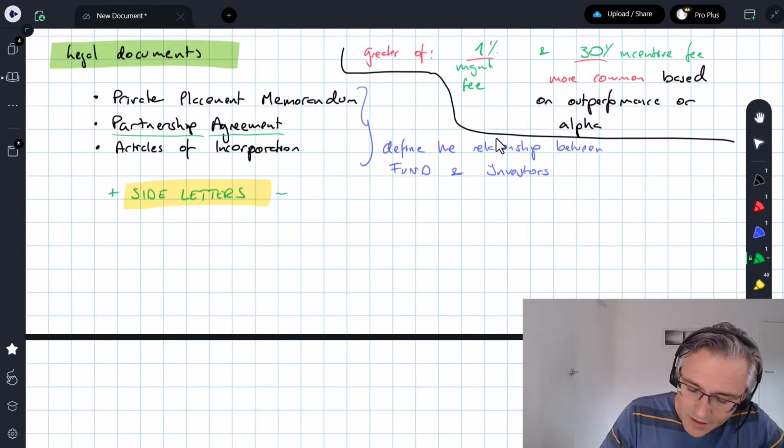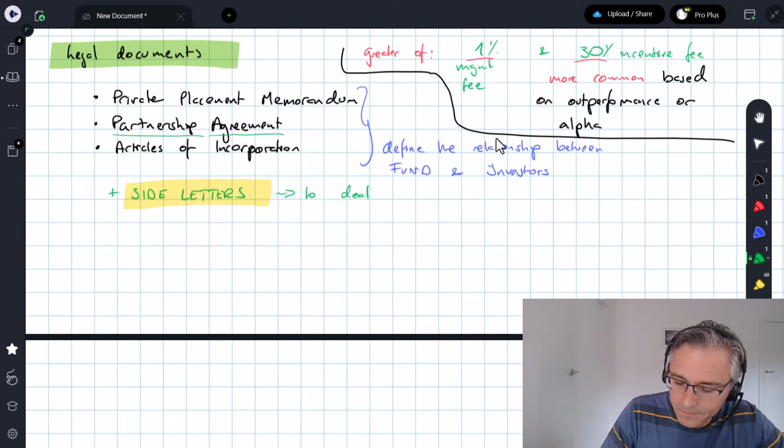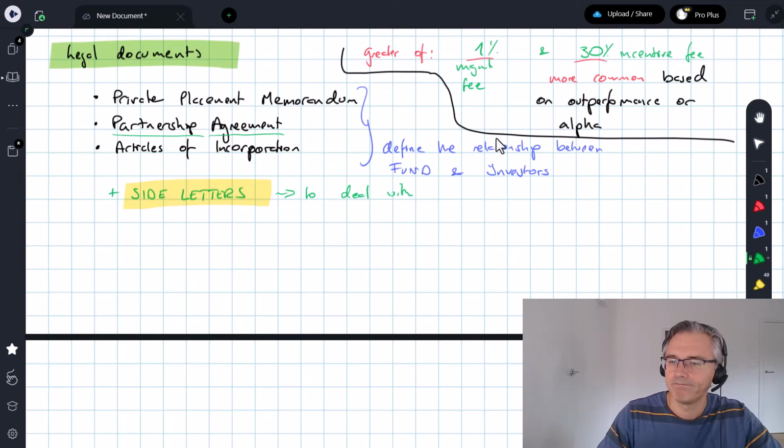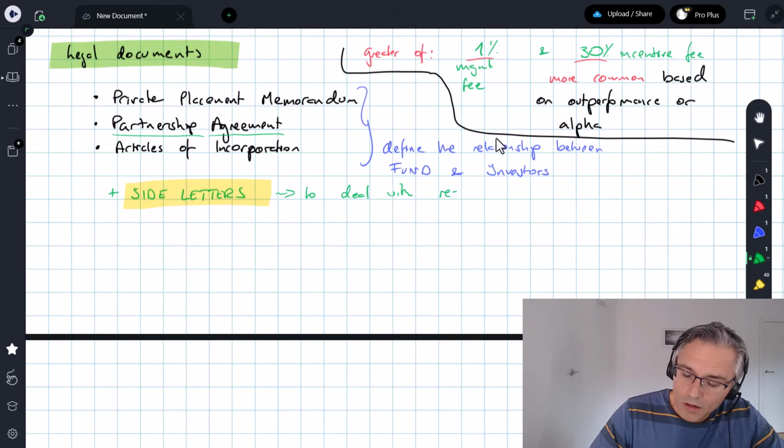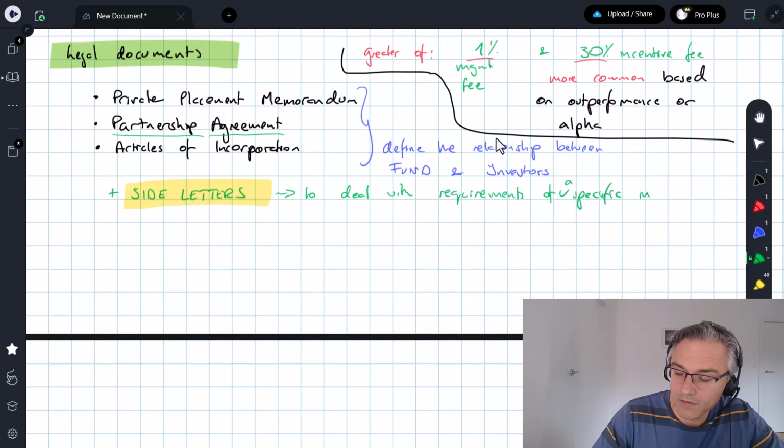So this is to deal with the requirements typically of a specific investor.